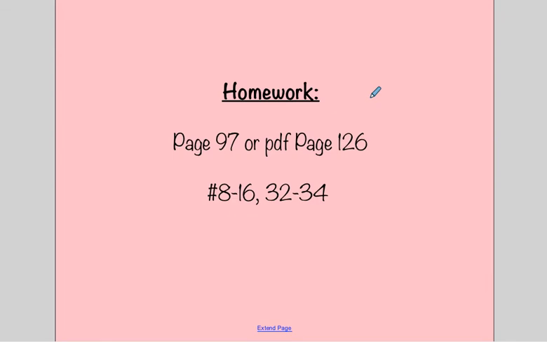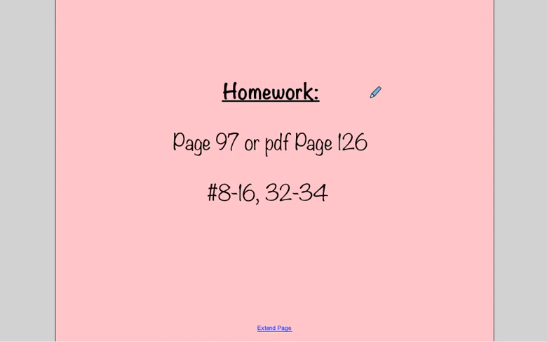And then I just want to quickly look at numbers 8 through 16. It says part A, plot the points in a coordinate plane. You can plot them if you want to and then count out the sides of the triangle, but I don't need you to plot them for 8 through 12. You don't have to plot them, but you do have to find the distance and the midpoint.